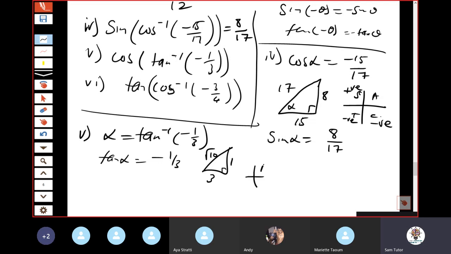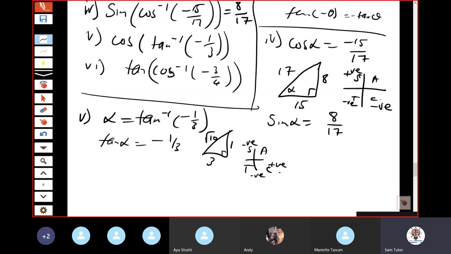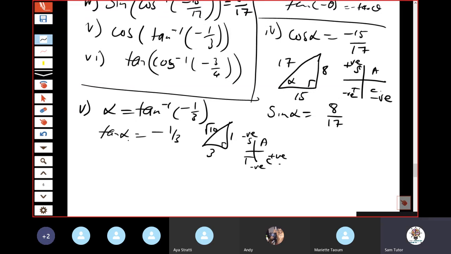Again, tan is negative, but if tan is negative, cos is going to become positive, which means sine would have been negative. And then you're trying to find cos alpha, which equals adjacent over hypotenuse. So 3 on root 10.